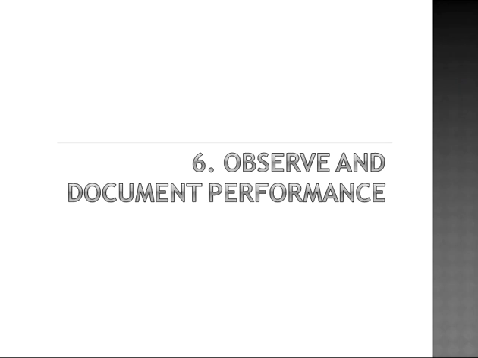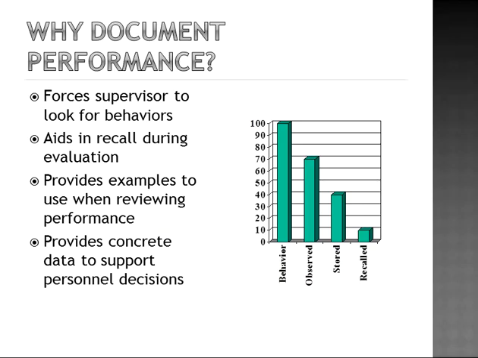So, also going back to what we mentioned earlier, we want to observe and document performance. That will be essential to the whole process. Why document performance? It forces supervisors to look for behaviors. So throughout the year or throughout the quarter, you have the task as a supervisor or manager to look for these behaviors so that they can be documented. It aids in recall during evaluation.